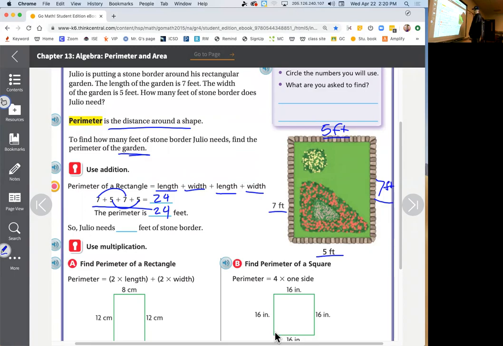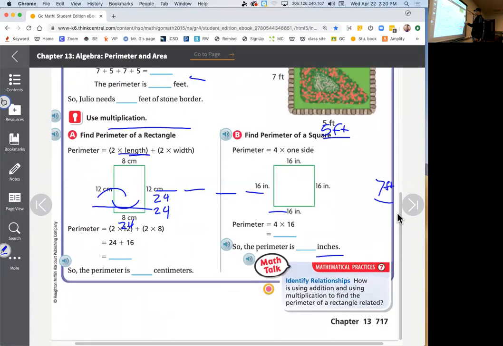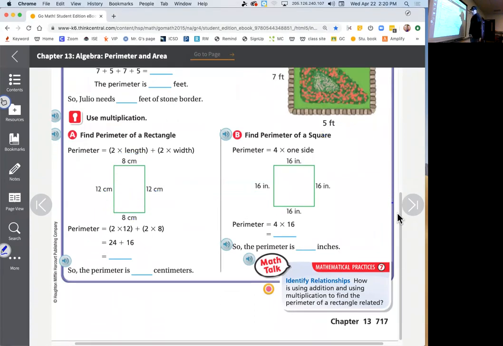Okay, so Julio needs how many feet of stone border? Is he? Yep, 24. Okay. You could also do it another way. You could use multiplication. So instead of adding up all 4 sides, what you do is you add up 2 sides, and then you add up the 2 sides again, and then multiply it by 2.